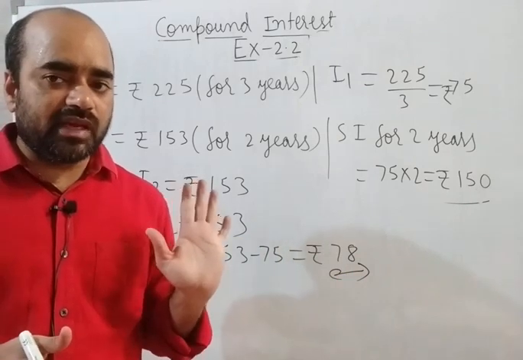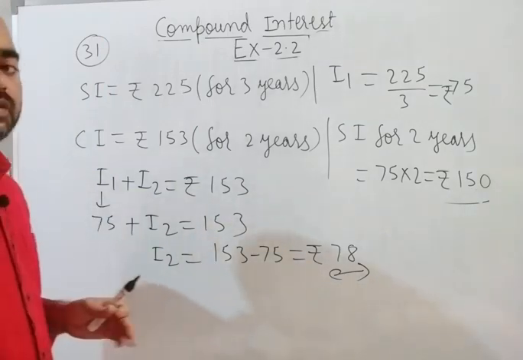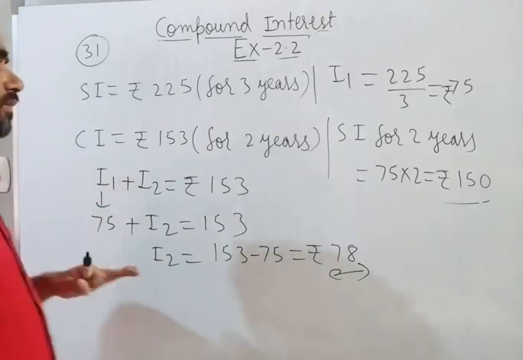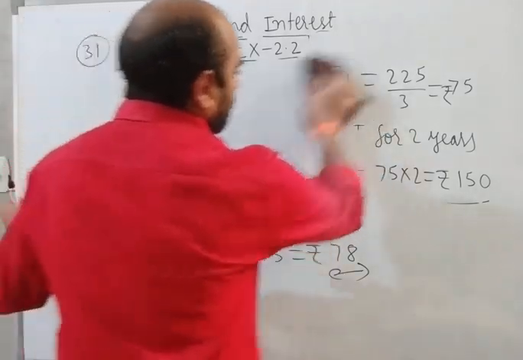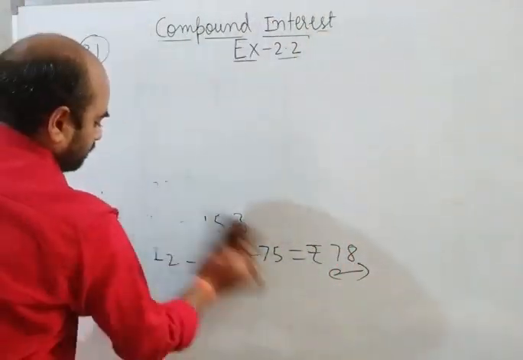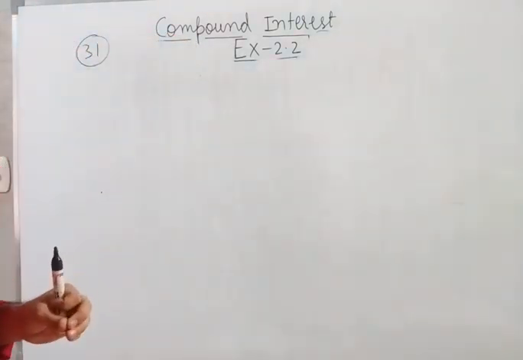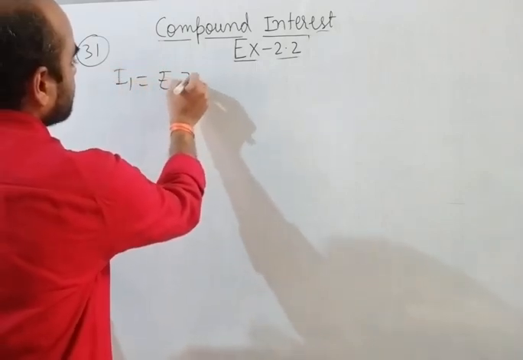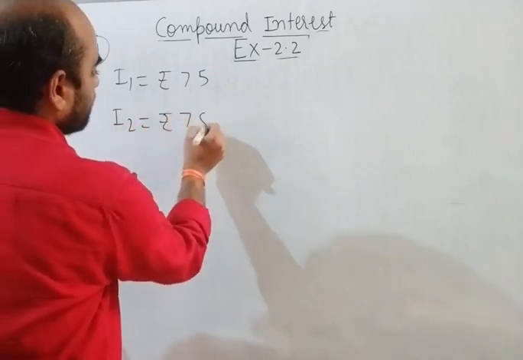Clear? Just as we calculated in question number 27, where interest for first year and interest for second year were given, we are having two important things: interest for first year rupees 75, interest for second year, that is 78.